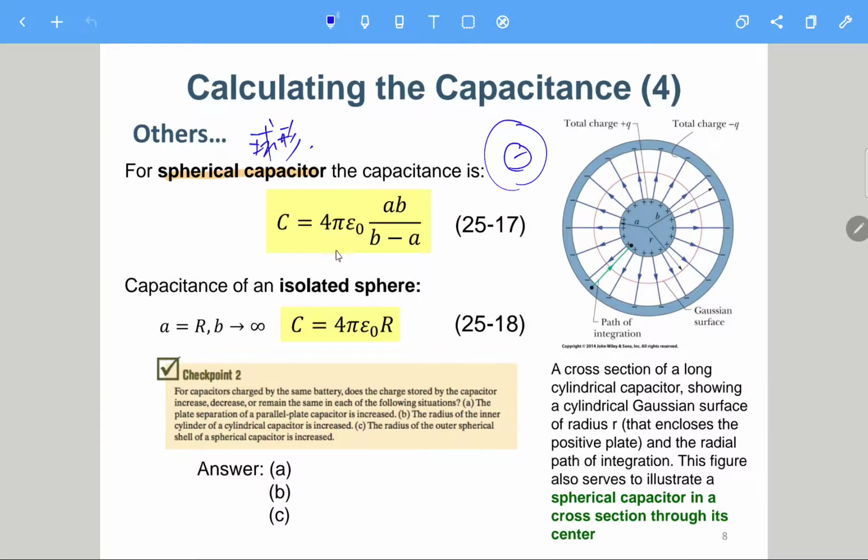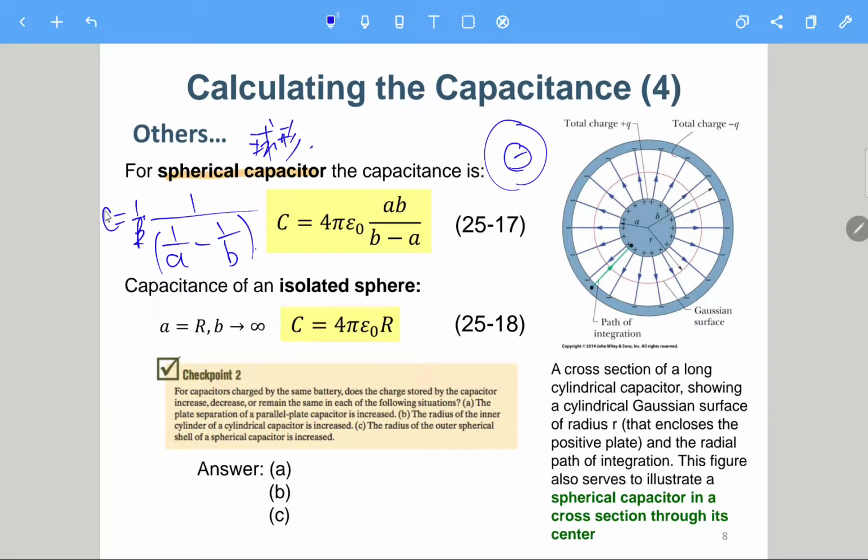So 4 pi epsilon naught is a constant, which means it should be 1 over 8.99 times 10 to the 9th power. And for this one, it is 1 over A minus 1 over B. C equals 1 over K, like this.